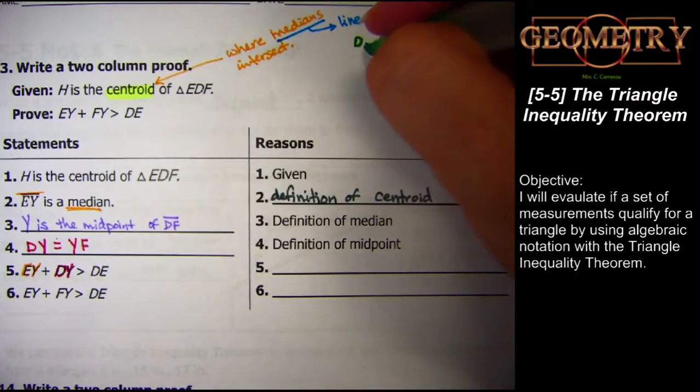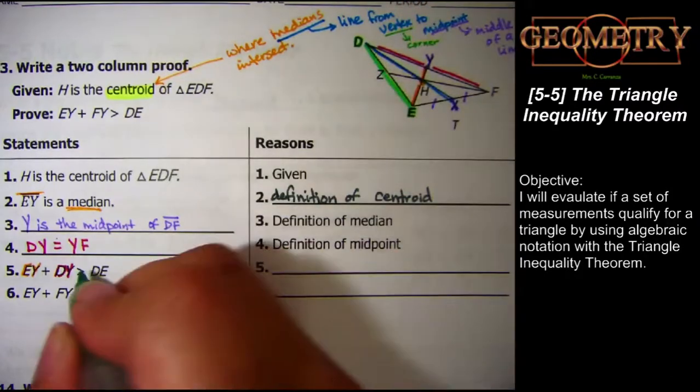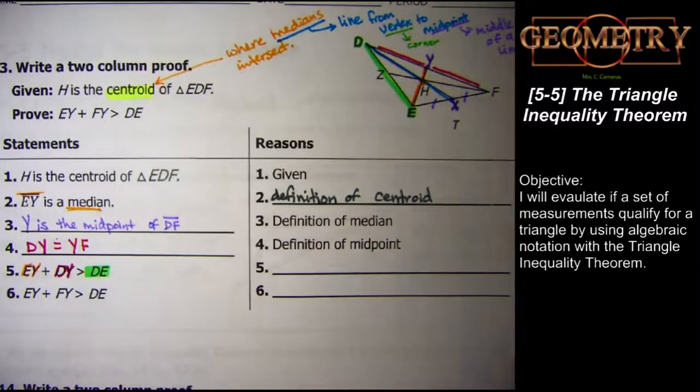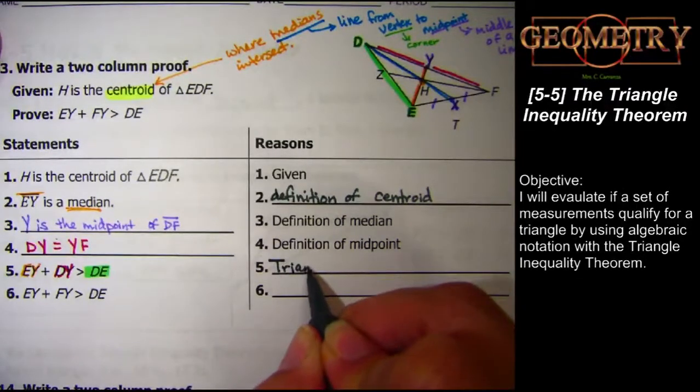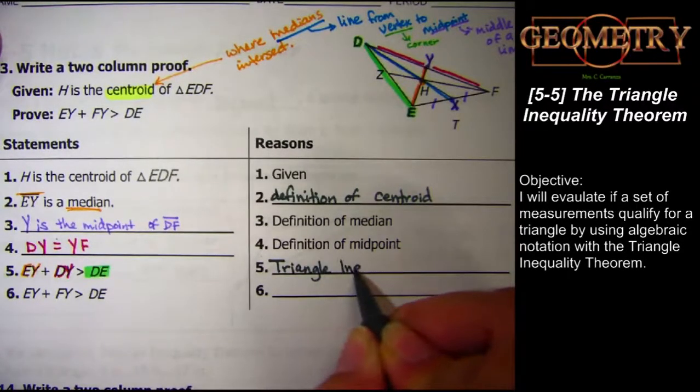I'm going to make it highlighter green. Okay. Some sort of triangle. The triangle inequality theorem. I took two sides of the triangle, I added them together, and I said it was bigger than the third missing side. This is a total triangle inequality theorem moment.